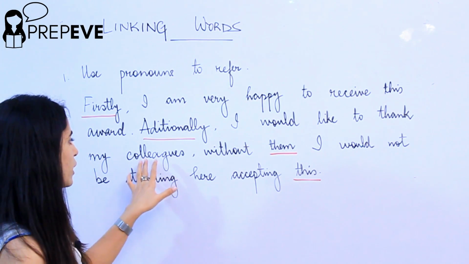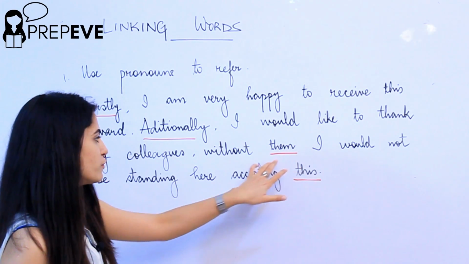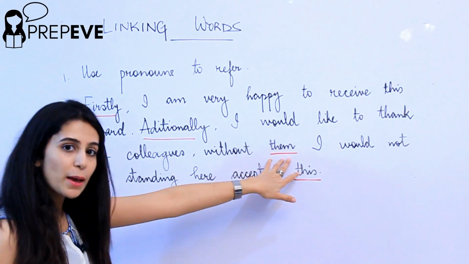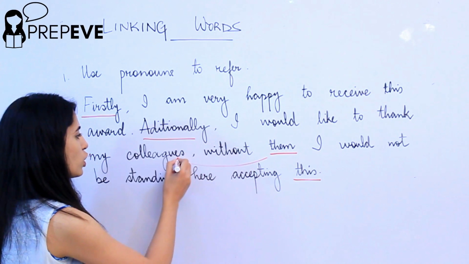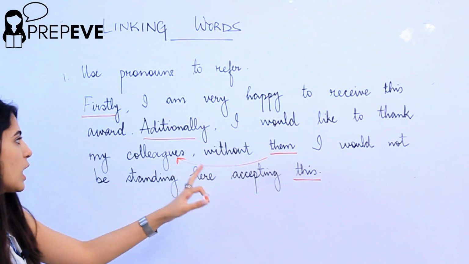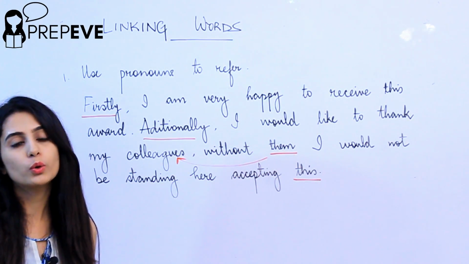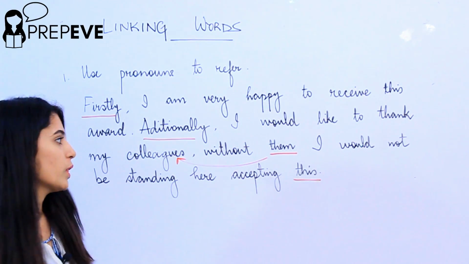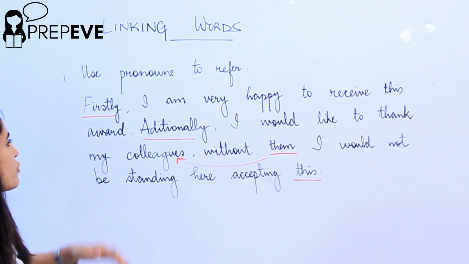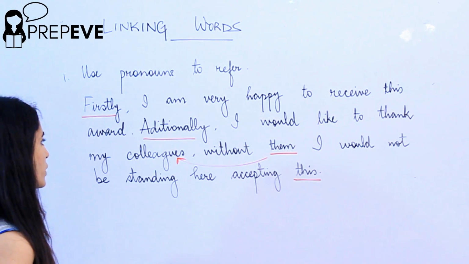Instead of writing colleagues again, you have referred to them as them, okay, without them. Here the them refers to the colleagues, right? So this is how you're increasing the cohesion in your own essay sentences. Firstly, I am very happy to receive this award.